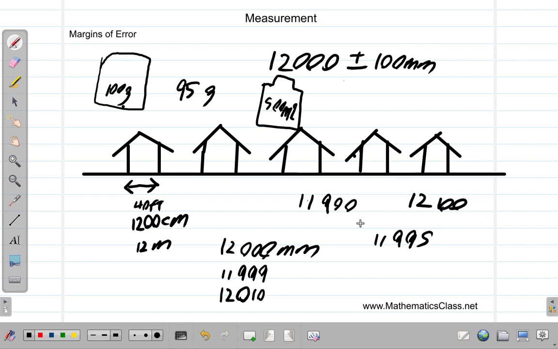Alright, back to margins of error. So in the last video we looked at some examples of margins of error, whether it is the amount of drinks, the volume of chips in a bag of potato chips, or the dimensions of houses in a housing scheme.